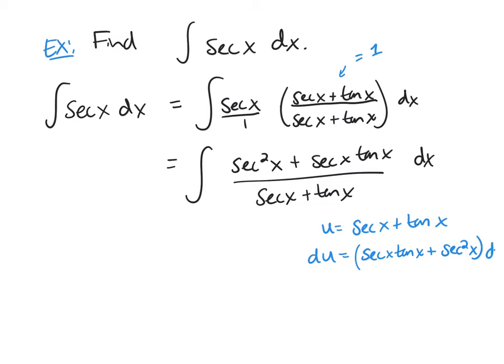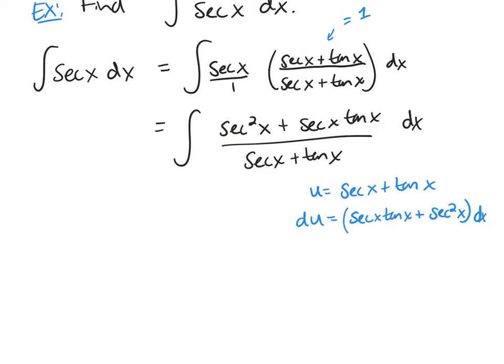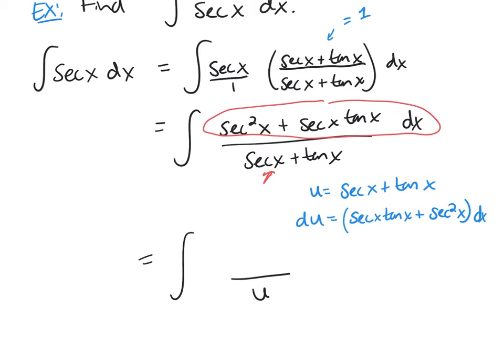And that's exactly what we have in the numerator. So when I make this substitution here, I'm going to get u in the denominator, and then all of this stuff in the numerator, I'll circle it so we can see it, all of that is going to be replaced by du.